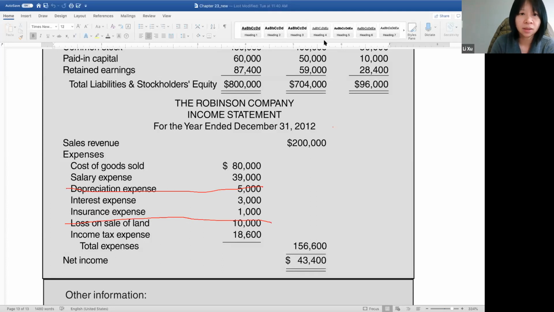Oh, wait, let me cancel this. Okay. We're gonna start with the first item. For the direct method, why we call it direct, which means we have to directly explain what causes the cash to change. So first one, we'll look at the sales. Okay, how do you think the sales will impact cash?